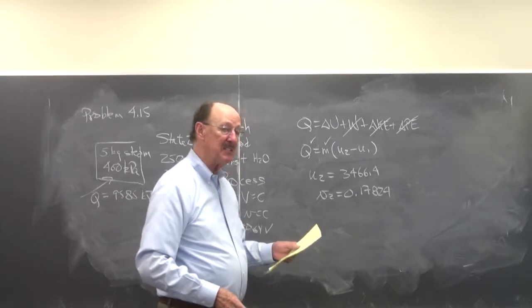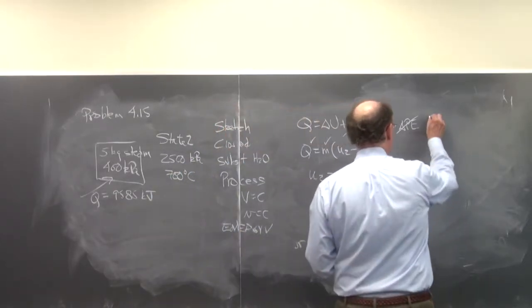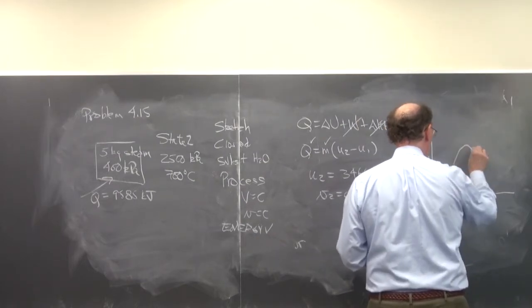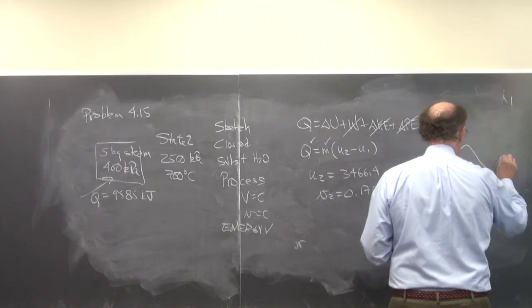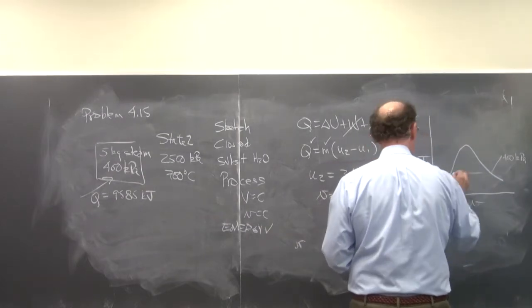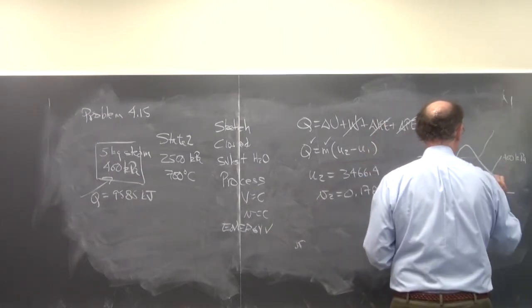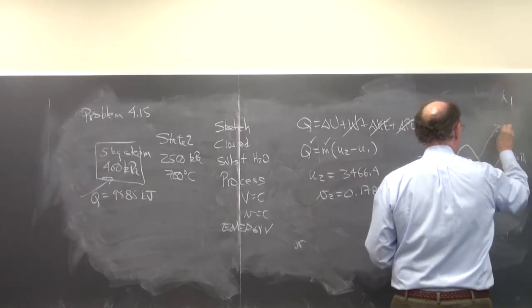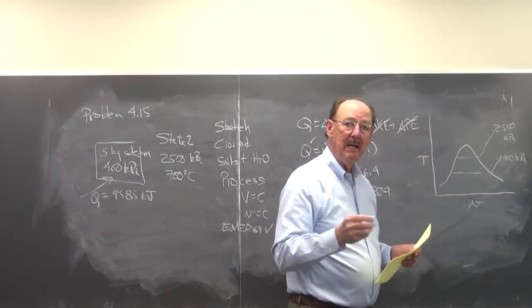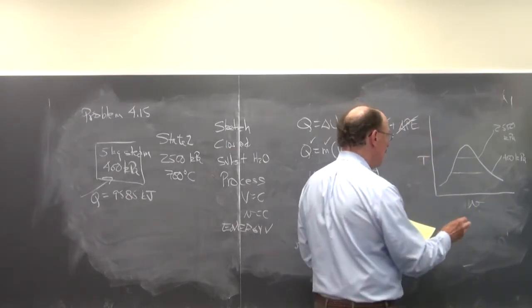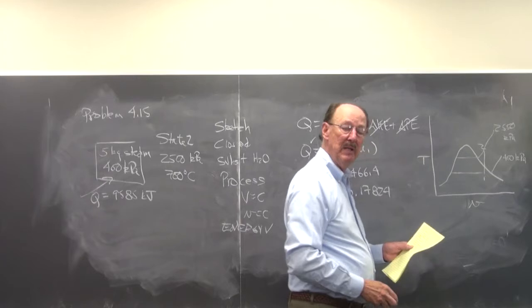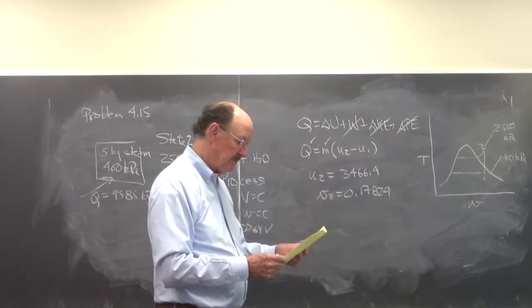And if I look at this process on a TV diagram, down here 400 kPa, and we're going up to 2,500. And so I'm starting, I don't know where I'm starting, but I'll assume I'm starting in the mixture region, and I'm going to go up like this. So I'm going from state 1 to state 2. The specific volume stays constant.